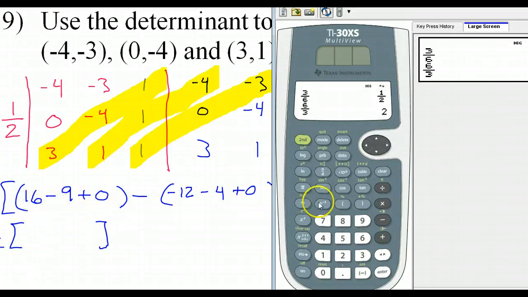So I'm just typing in this part. 16 minus 9, and I am leaving out the 0. Minus negative 12 minus 4. So negative 12, minus 4. And again, I'm leaving off the 0. Okay, that comes out to be 23.